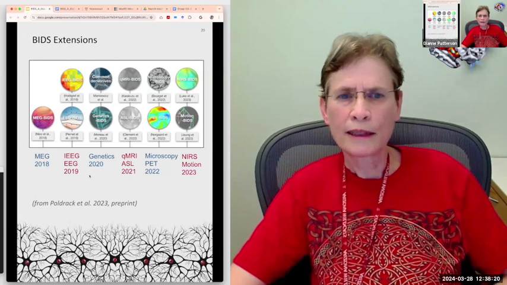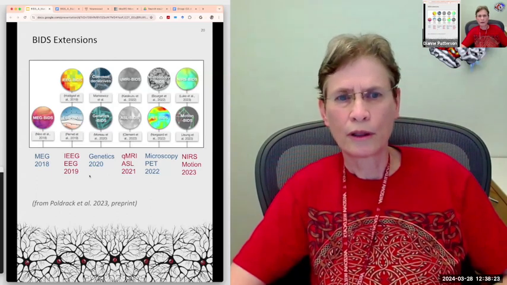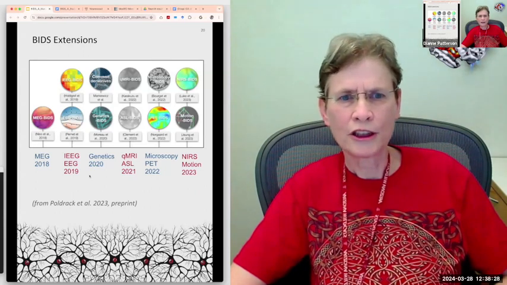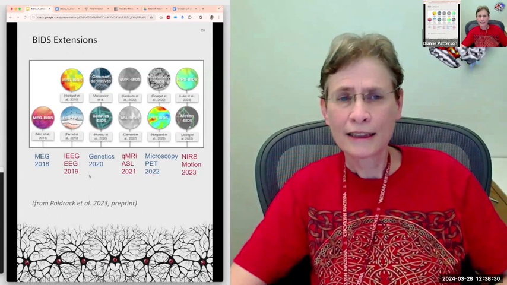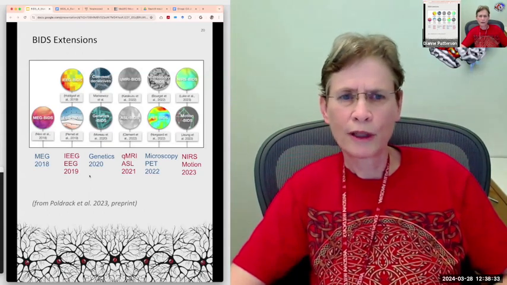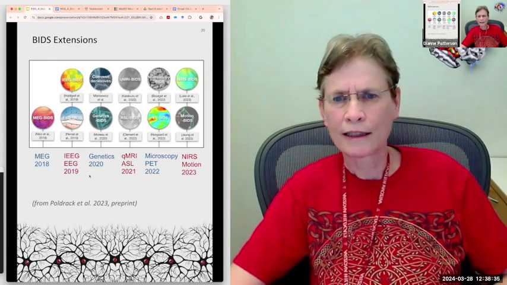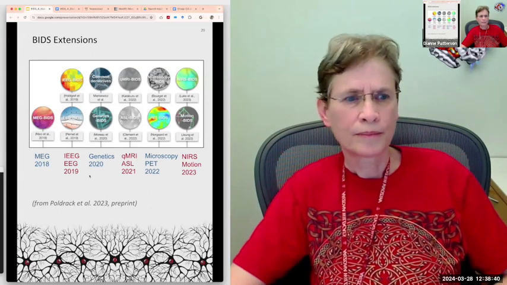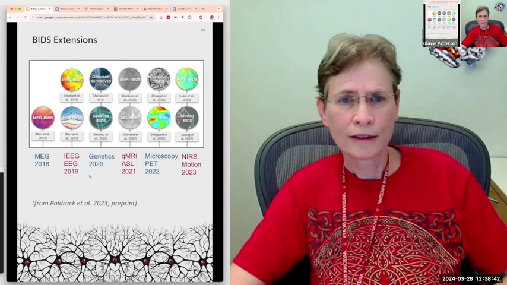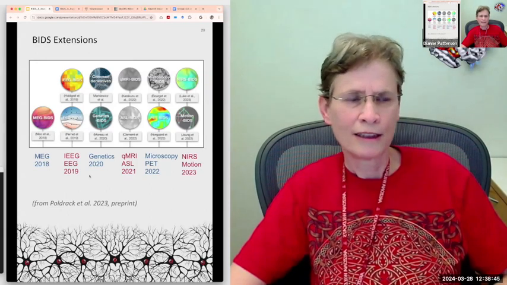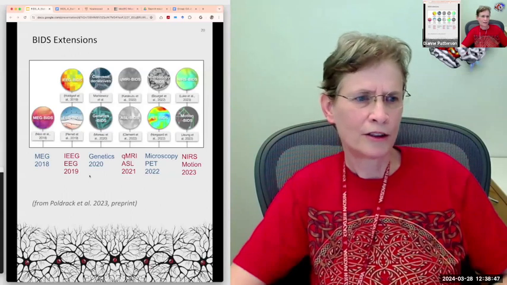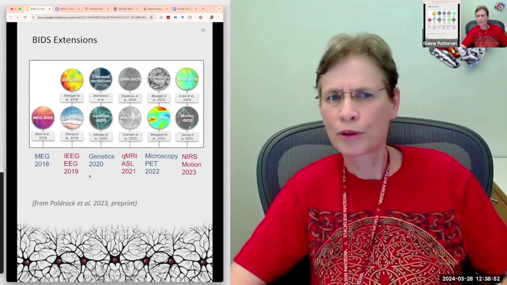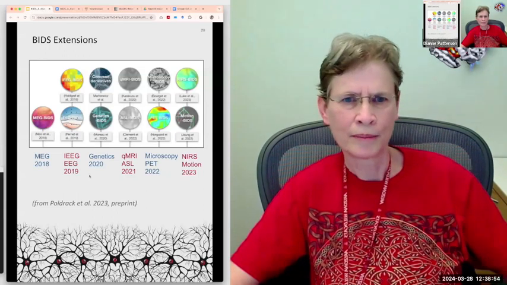And at this point, the BIDS convention has been extended to a lot of other modalities: MEG, iEEG, EEG, genetics data, qMRI, which is quantitative MRI, ASL, which is perfusion MRI, microscopy data, some PET data, NIRS data, and there are lots and lots of existing extension proposals that are in development.